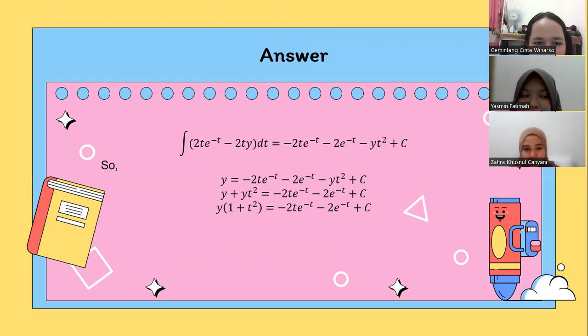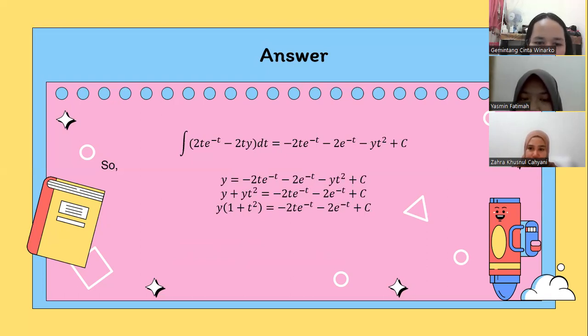So, integral 2 t e power negative t minus 2ty dt is equal to negative 2 t e power negative t minus 2e power negative t minus y t power 2 plus c.